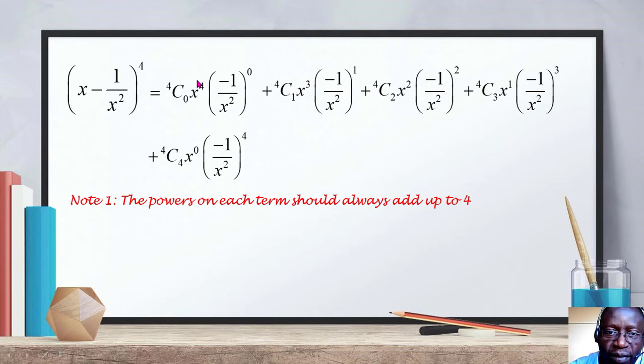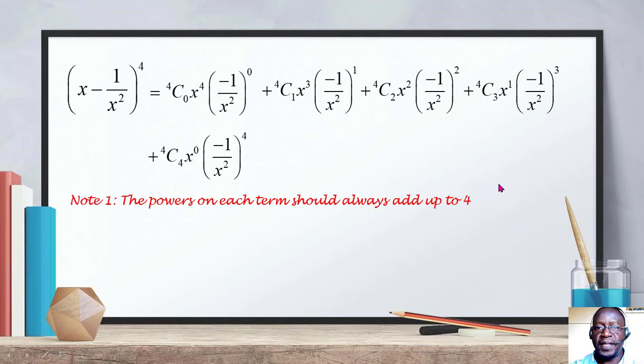The power on x is 4, the power on the second term is 0, and 4 plus 0 gives 4. The power on x is 3, the power here is 1, and 3 plus 1 gives 4. 2 plus 2 gives 4. 1 plus 3 gives 4. 0 plus 4 gives 4.